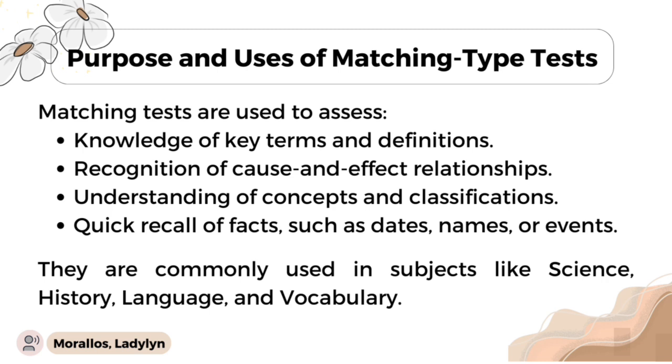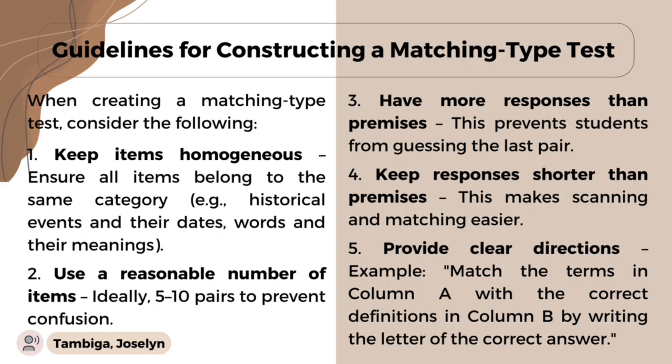It makes the lives of students easier because they just need to match the given dates or names with the other column. Matching tests are commonly used in subjects like science, history, language, and vocabulary.